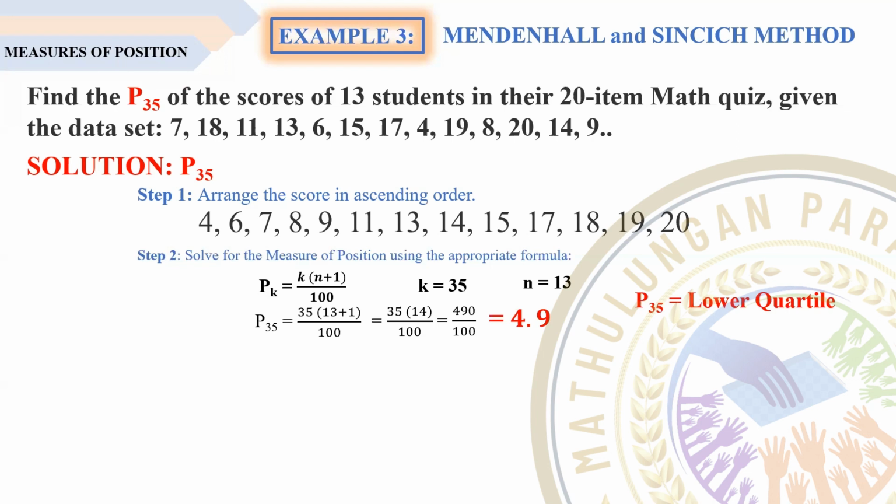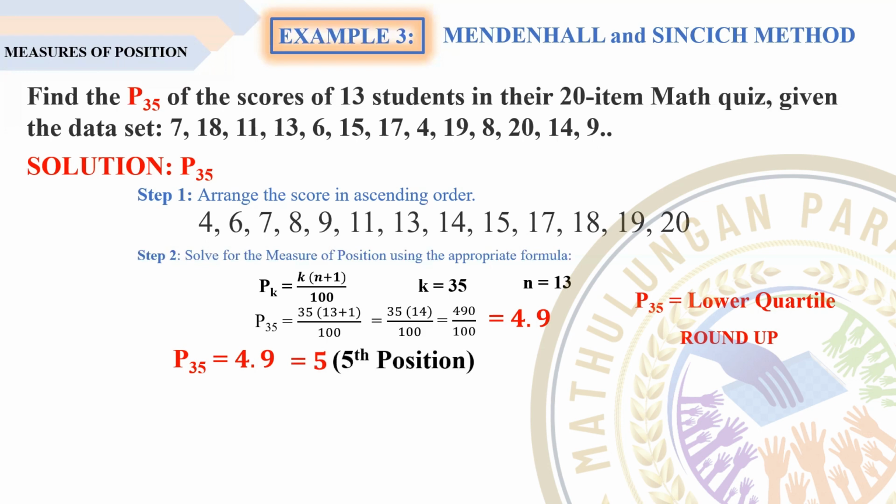Take note, ang ating 35th percentile ay makikita sa lower quartile, sa left side of the middle values. So, ibig sabihin, kapag nasa lower quartile, we have to round up the computed value. At ang computed value natin ay 4.9 at i-round up natin yan magiging 5. So, ibig sabihin, ang position ng ating 35th percentile ay nasa 5th position.